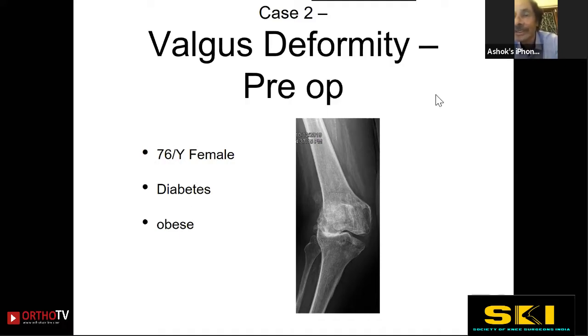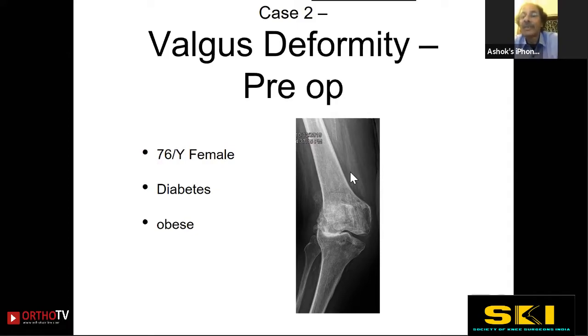Once you're able to do that in extension, you flex the knee to about 75 degrees and do the same thing, and then you try that at 90. So if you're able to internally rotate the tibia at 75, 90 and just short of full extension, that is indicative of the fact that you've done an adequate lateral or posterolateral release.